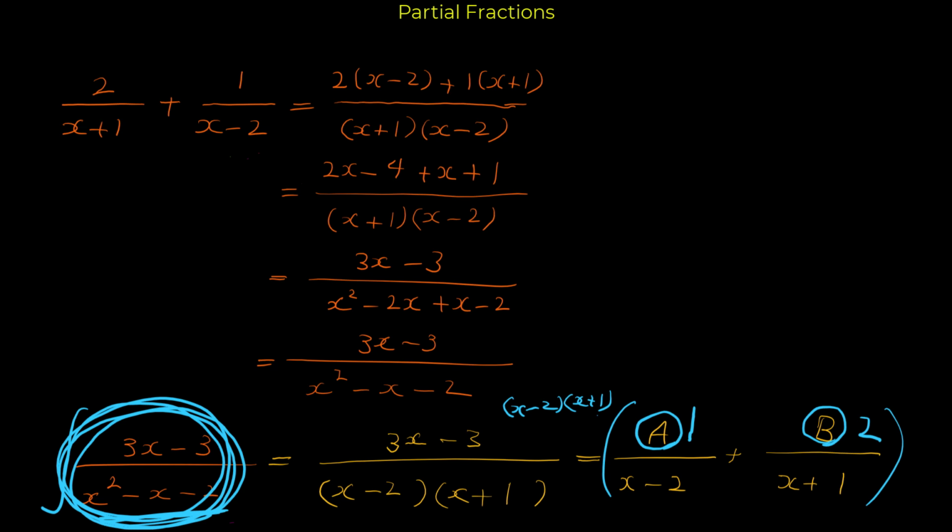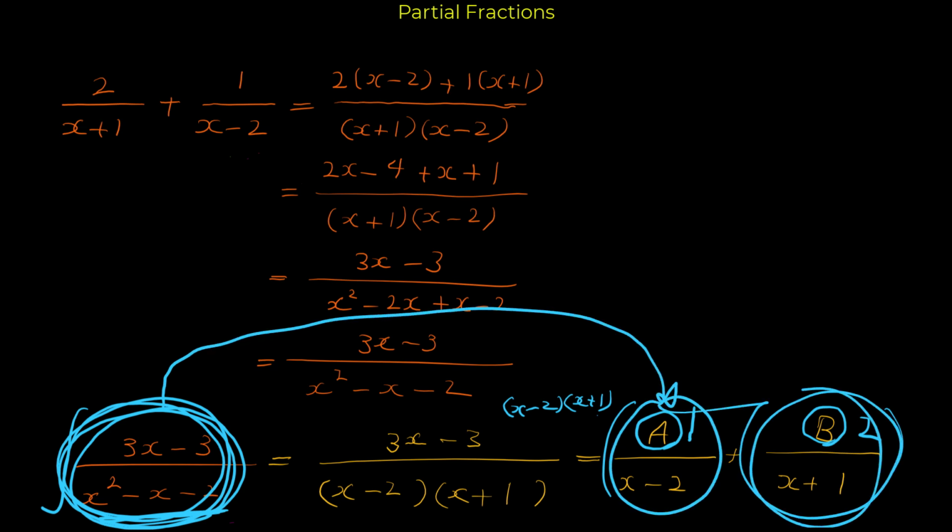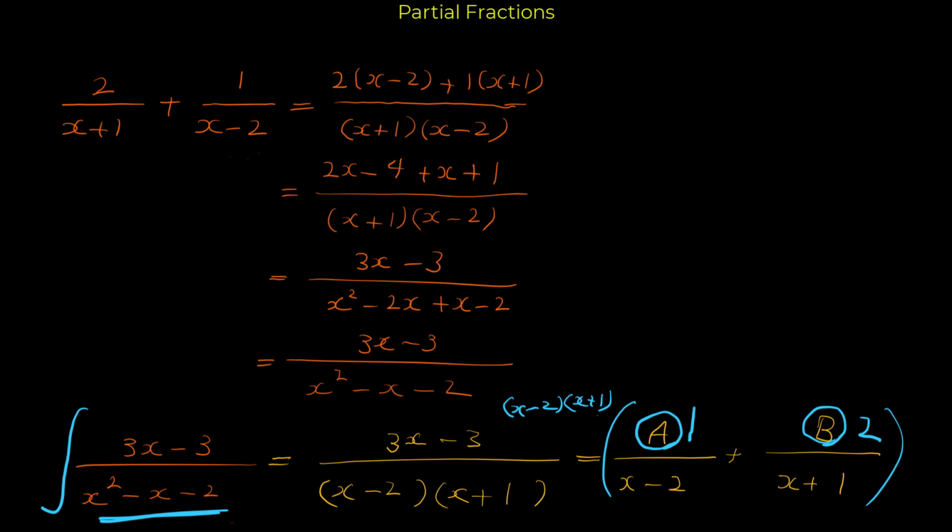So what we do is rewrite this complicated fraction in terms of simpler fractions, and then finding the integral of these simpler fractions is very easy. That's the reason we are learning the partial fraction method here.